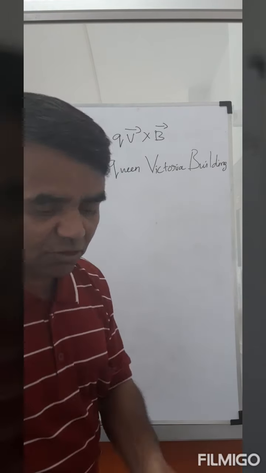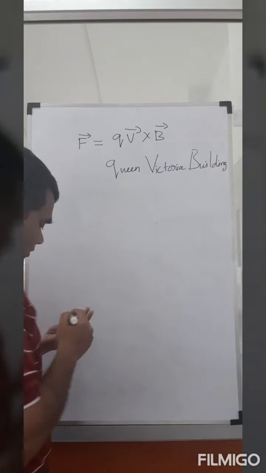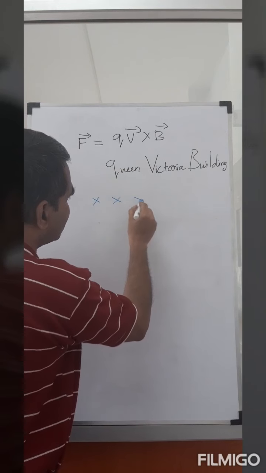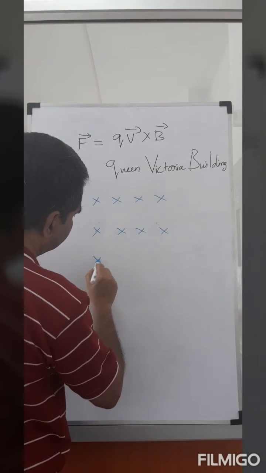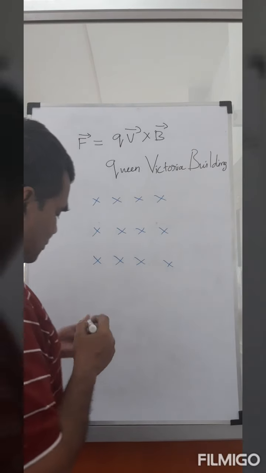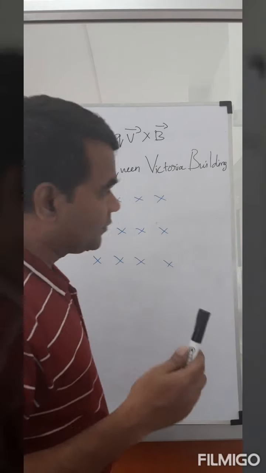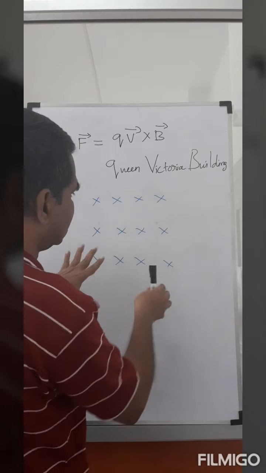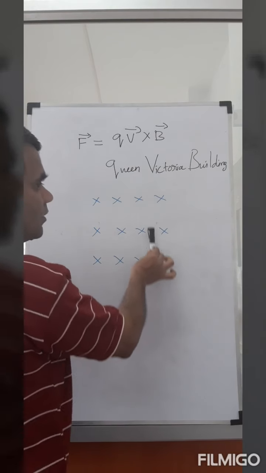So let me illustrate that on the board. This is my magnetic field. It's going into the board. Suppose a charge Q enters this magnetic field in this direction. Now the charge is moving upwards, like that.